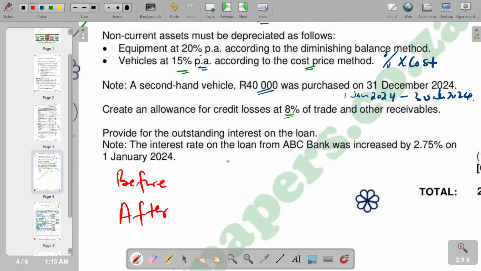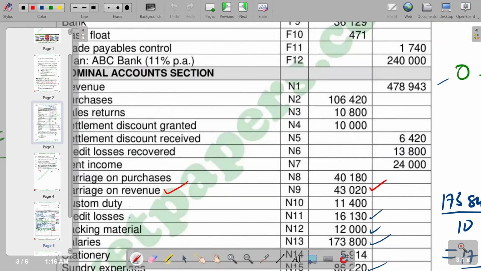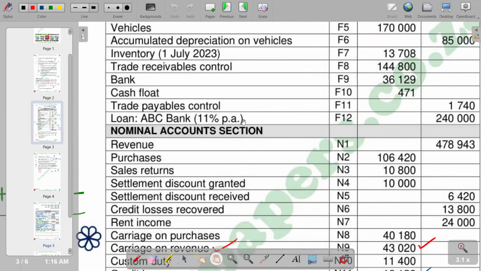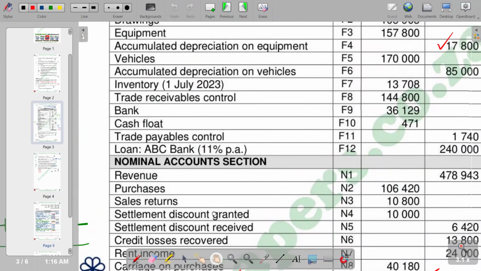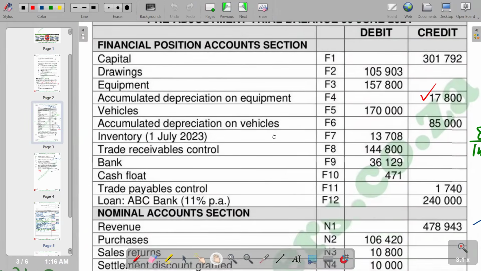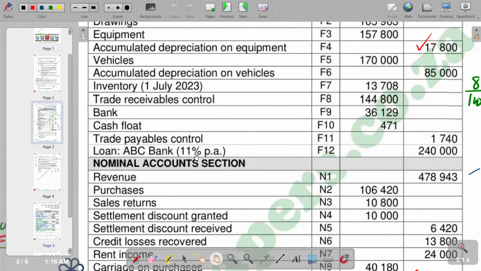So we check in terms of the percentages now, it was increased by 2.75, and the percentage that we are given here for interest loan, ABC Bank, is 11% per annum. It means this 11% was at the end of the year, that is at 30 June 2024. So it means that 2.75 was already added there. So we need to first subtract it to get the percentage before the increase.